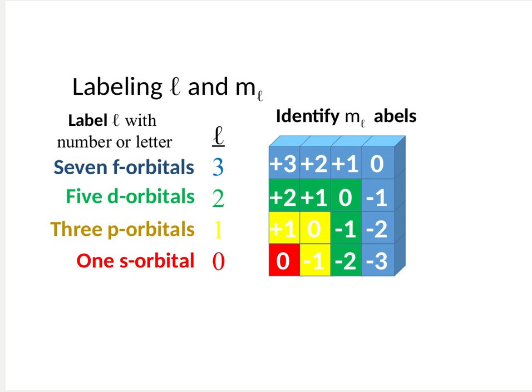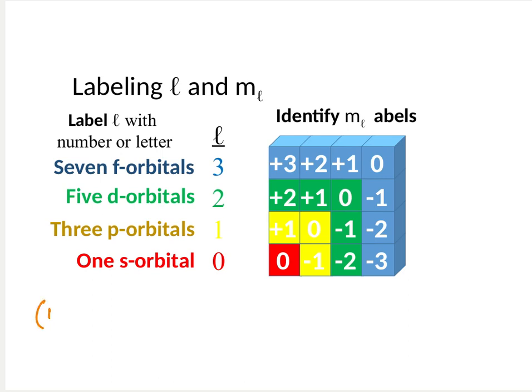And so now you can see that any given value of n, l, and m sub l will give you a specific, unique label or address for an individual electron room.